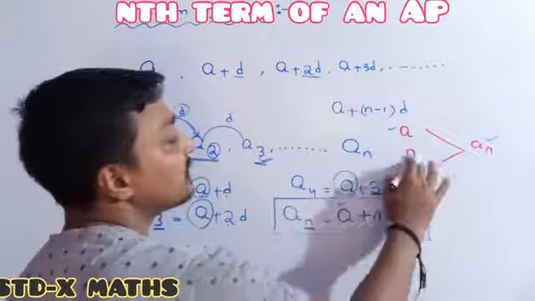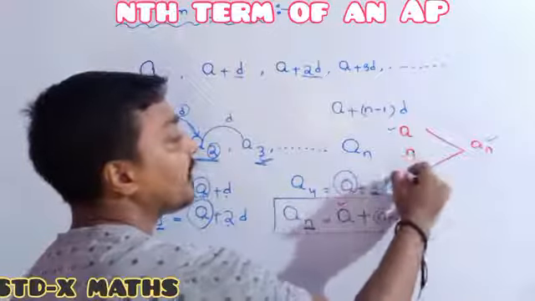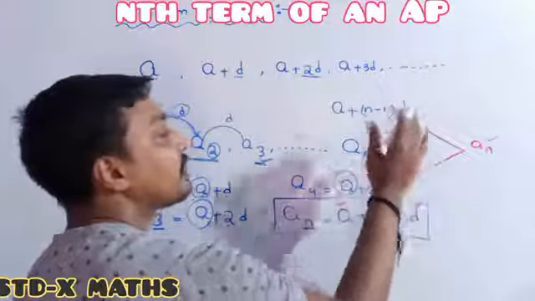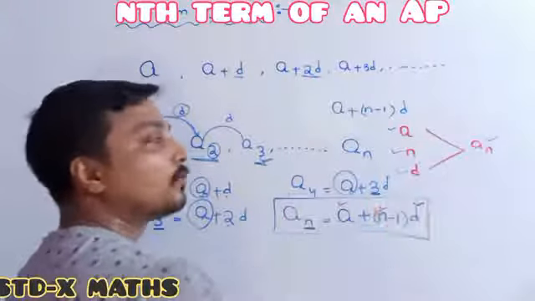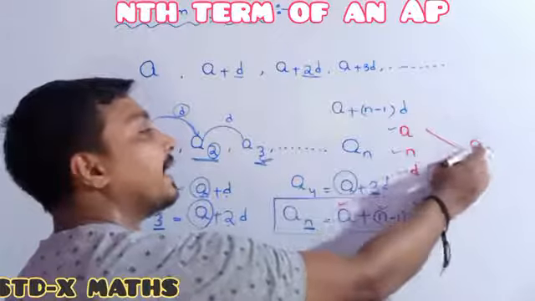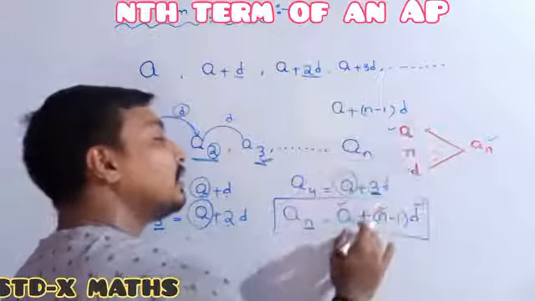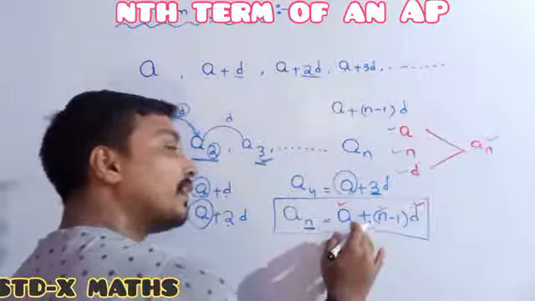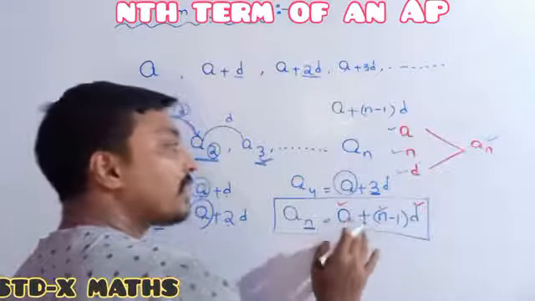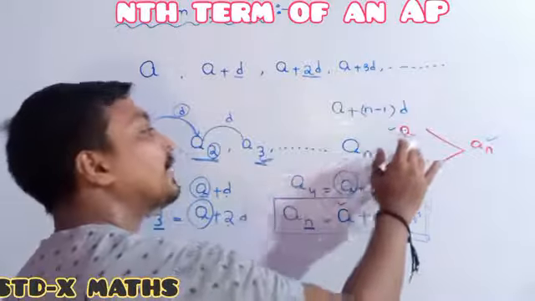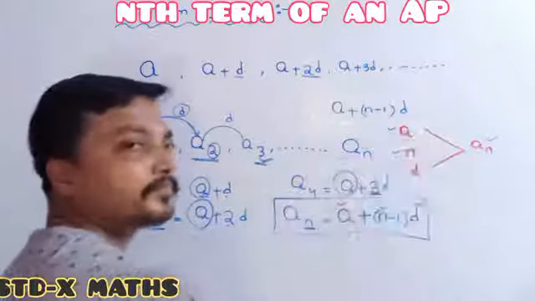Suppose d is not given, but the others are given, the same thing you have to do. Put all these things, an and the rest, in this equation and solve the equation. After solving the equation, you can find the value of n.